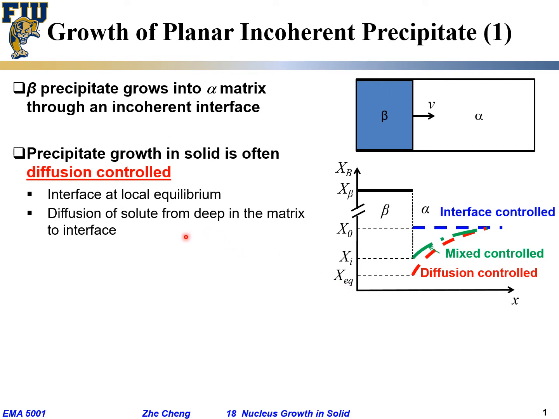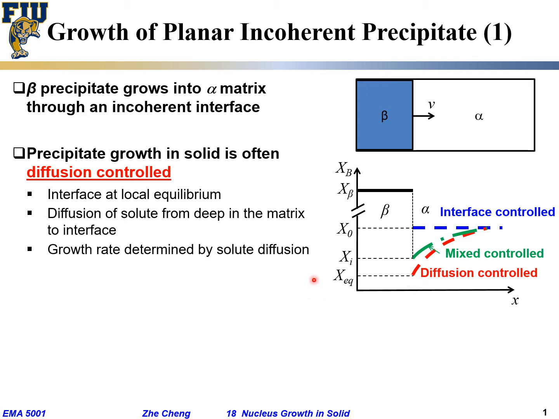Okay, and then in this scenario, the solute atom would diffuse from deep in the matrix to the interface. As you see here, deep in the matrix, the solute concentration is actually higher at X0, while right at the interface it is Xeq, which is lower. So the solute has a tendency to diffuse from high concentration in the matrix at X0 to low concentration of Xeq right at the interface.